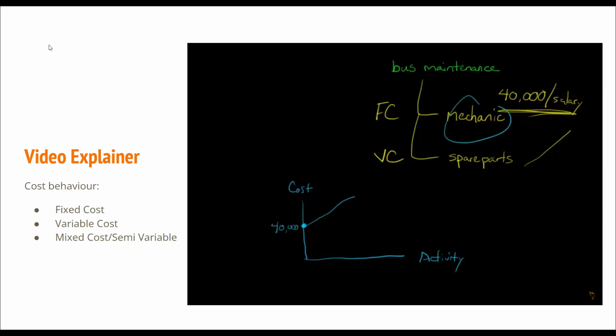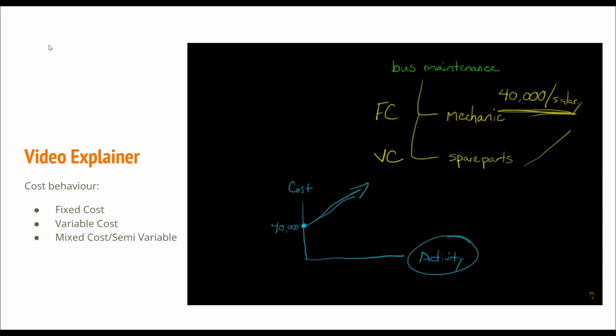The mechanic is going to get the 40,000 no matter how many buses break down. This is the fixed component of this bus maintenance cost. The fixed component is $40,000. But the variable component is right here. As the number of buses that break down increases, we're going to have more and more bus maintenance cost. It's going to be increasing with the number of buses that break down.